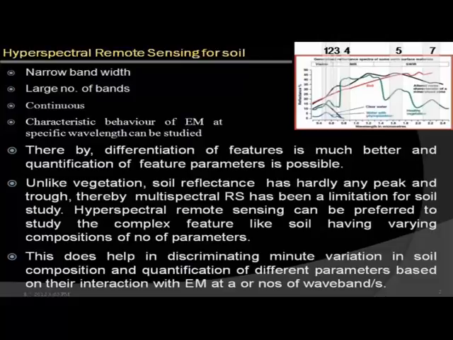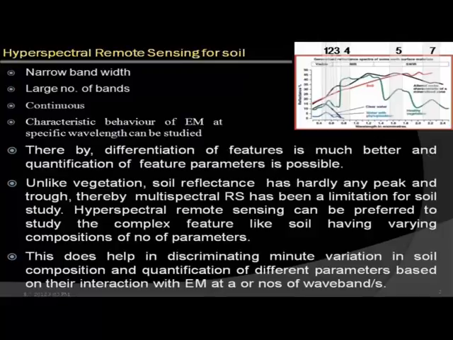The most important issue in soil application studies with respect to hyperspectral remote sensing or remote sensing is that soil is never open in the field. Like in the case of vegetation, the sensor looks at the vegetation, maybe a crop field at some stage, maybe wheat or rice or whatever the crop is, maybe looking at a forest, maybe looking at water.